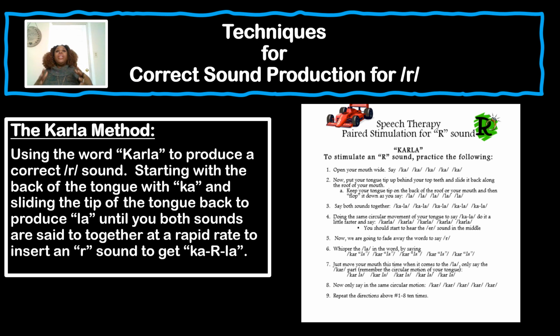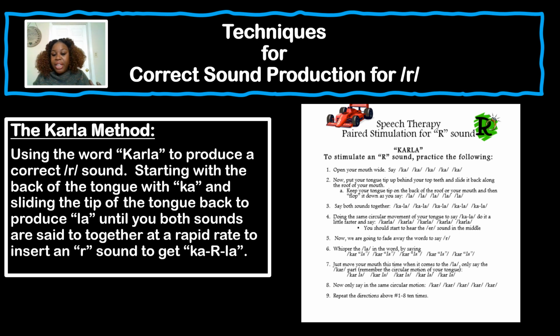They're using the K sound and the L sound to lead into the production of the R sound within the word Carla. This does operate in the area of a vocalic R, but you're still getting an R. So you're starting with the back of the tongue with k, k, k, k, k. You get the child to do that a few times first, like they're telling us here.